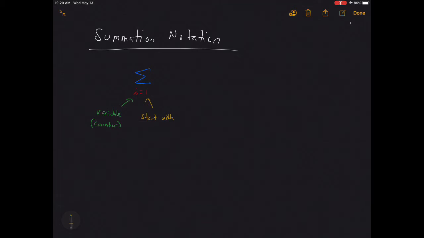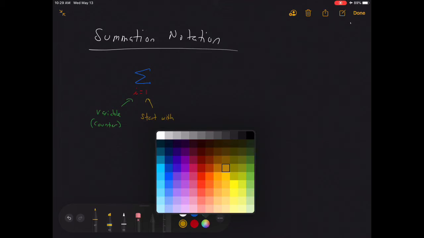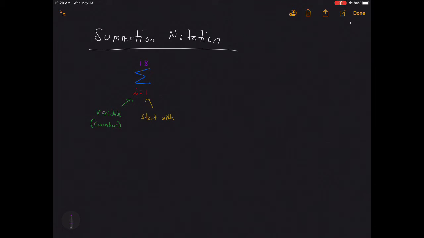Unless we're going to do this infinitely, and believe it or not, there is a way, which we are not going to cover here, we need to come up with a way to stop it. So this number that I'm going to put on the top is where we stop.